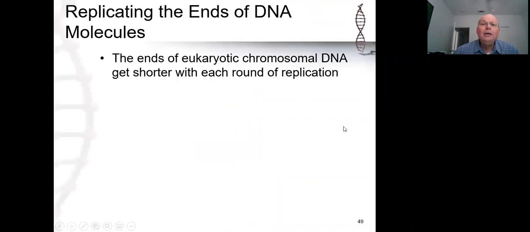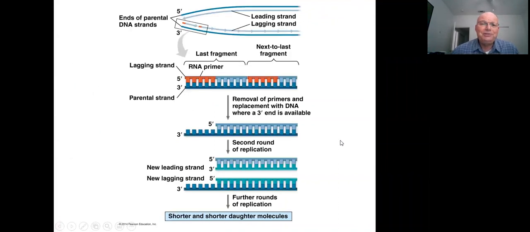Then there's one other issue that we need to deal with, and that is that because our DNA molecules are linear, there are origins of replication at each end of the chromosome. And part of the problem with that is that when the primer is laid down on the lagging strand at the end of the chromosome, that primer can be removed, but it can't be replicated.